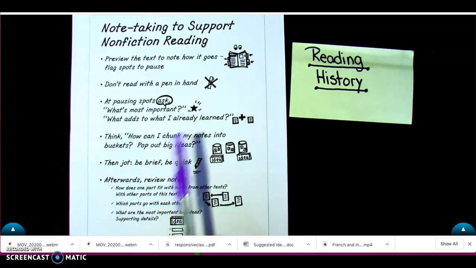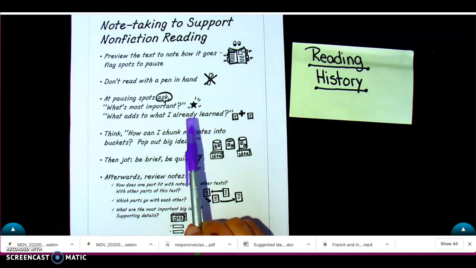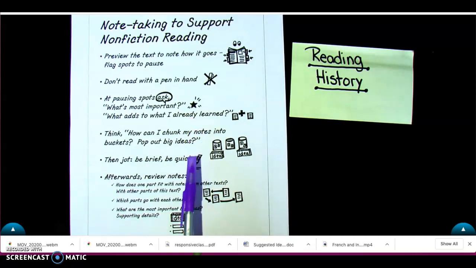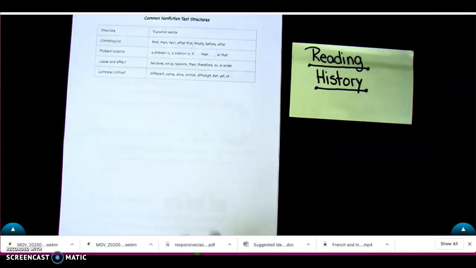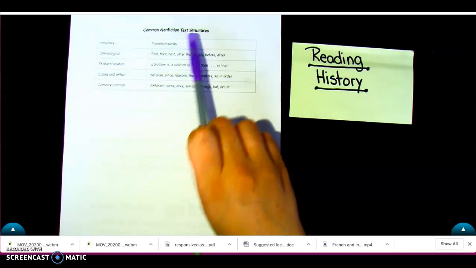How can I chunk my notes into groups, okay? Especially how to take notes that will bring out the big ideas in a text. We want to teach them that when we take notes we should be brief and quick, okay?